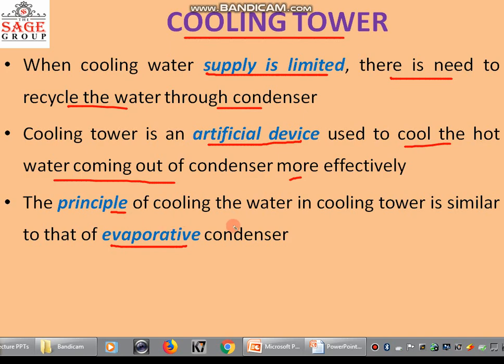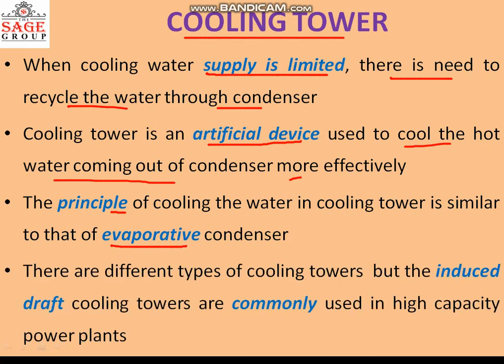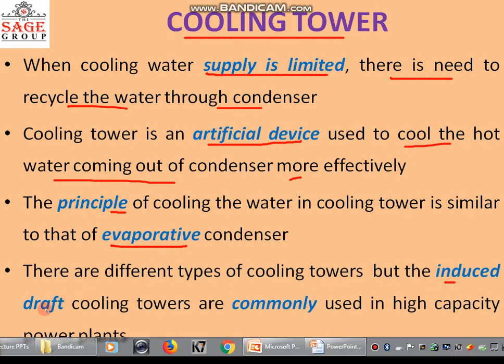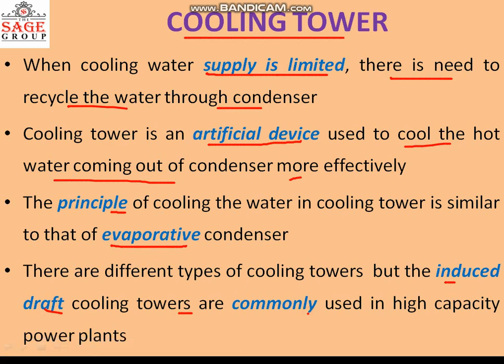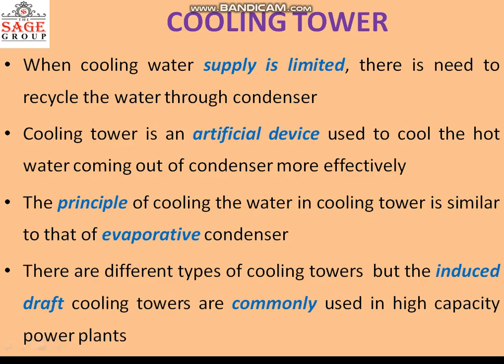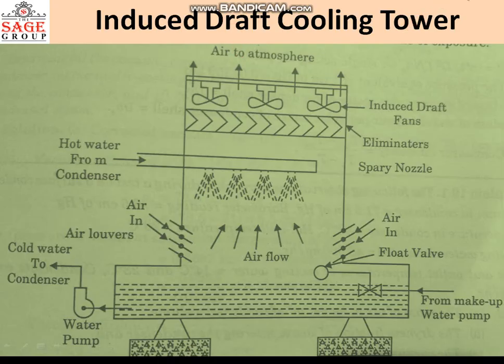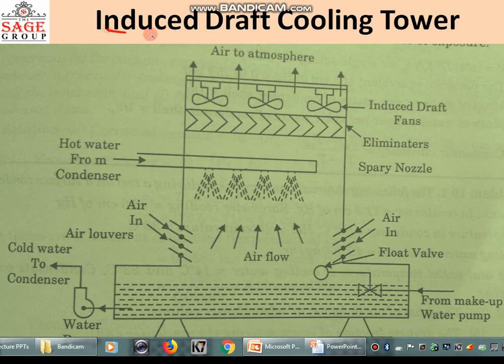This is the principle of the evaporative condenser. There are different types of cooling towers, but the induced draft type is commonly used in high capacity power plants. So we will understand here the functioning of the induced draft type of cooling tower.